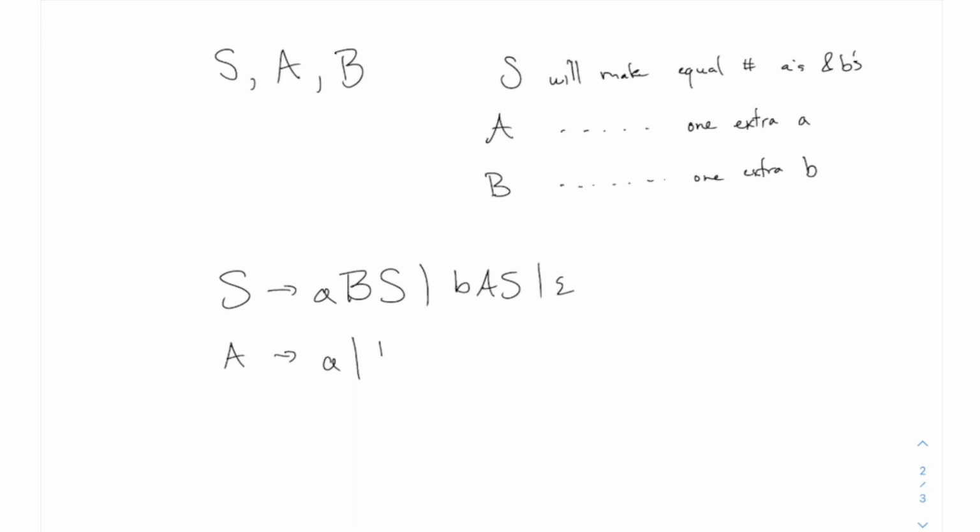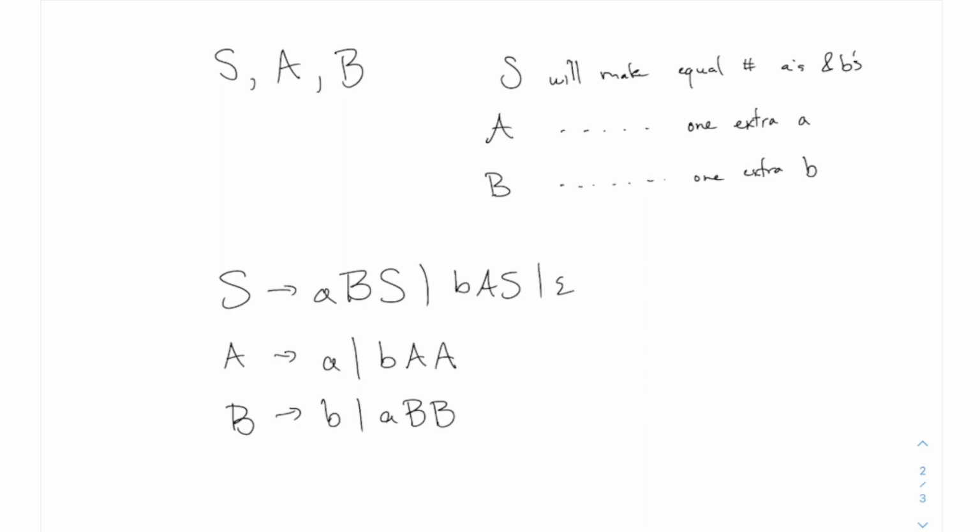Or it could look like, here's a cute trick, B A A. That is, it starts with a B and then is followed by two pieces which have an extra A. That means that in total, this will end up having one extra A. And then the B I'm going to define similarly. B goes to, it'll be either a little b or a little a followed by two big B's.